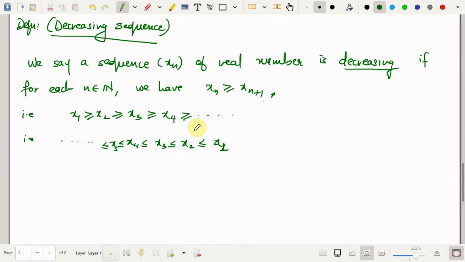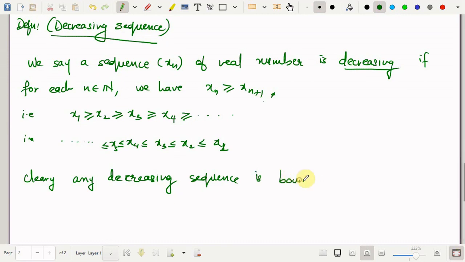and they are going to be bounded if and only if they are bounded from the lower side. So if and only if they are bounded below. So how do we write? So clearly any decreasing sequence is bounded above by x1.